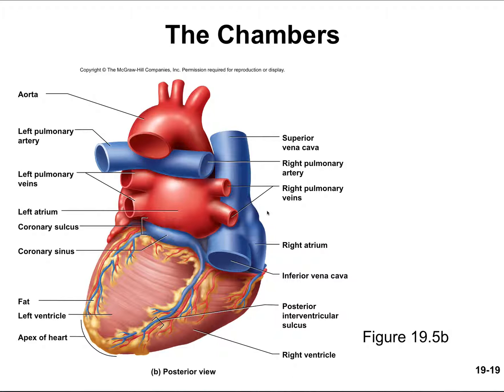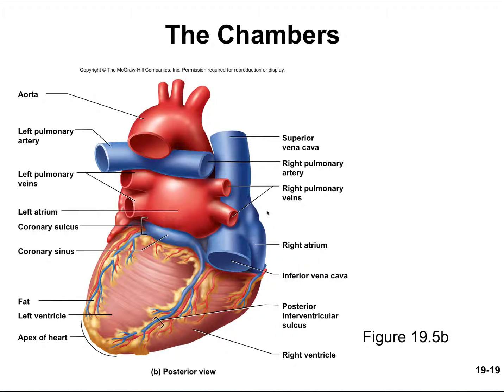Here's a posterior view of the chambers. Notice the aorta at the top, the left pulmonary artery on the left, and the right pulmonary artery on the right. The superior vena cava is on the top, and the inferior vena cava is on the bottom, a vein running from top to bottom.